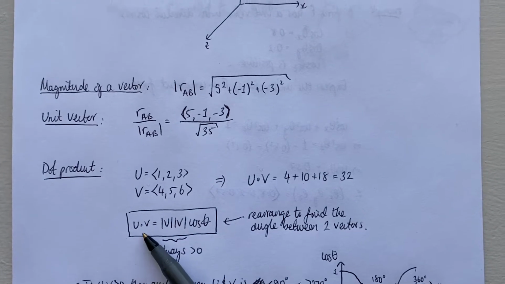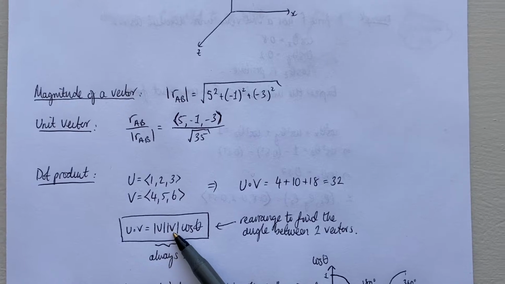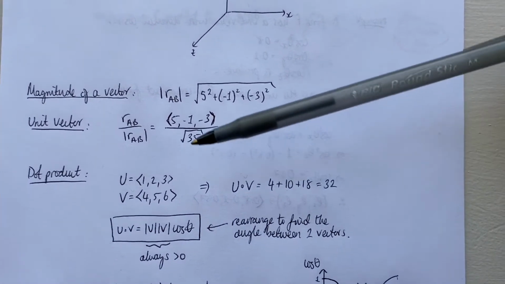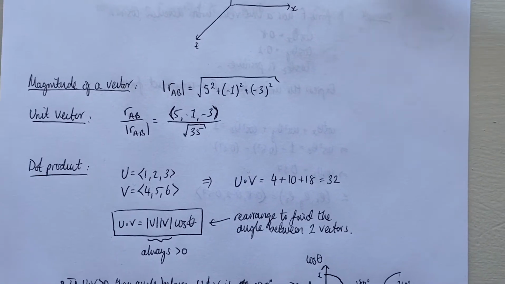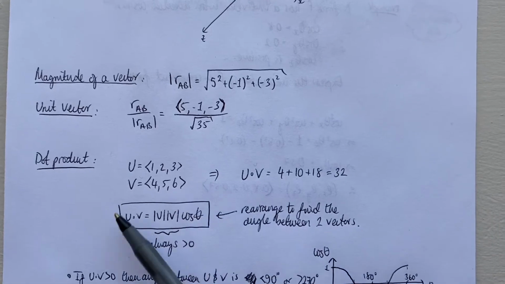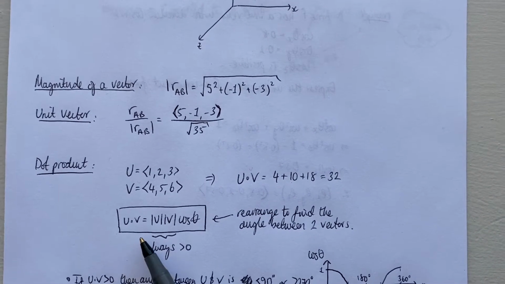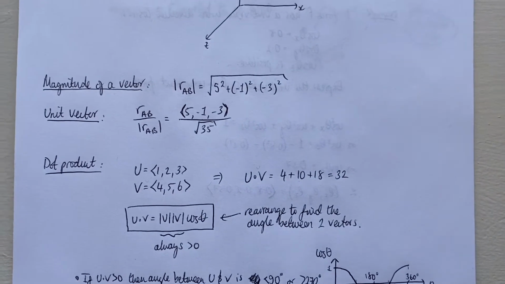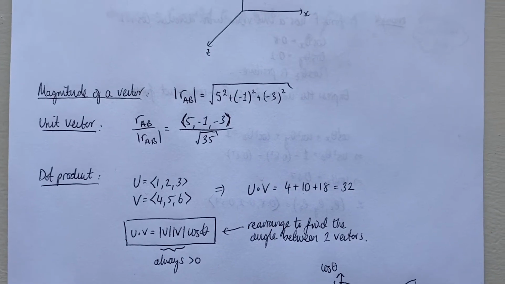The dot product of u and v is equal to the magnitude of u multiplied by the magnitude of v multiplied by cosine theta, where theta is the angle between vectors u and v. So if we'd like to find the angle between those two vectors, we rearrange this. We take the dot product of u and v, divide through by the magnitude of u multiplied by the magnitude of v, take the inverse cosine, and then we've got the angle between u and v.